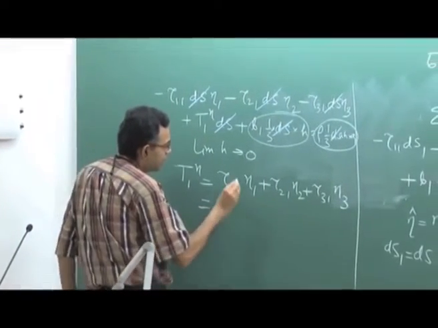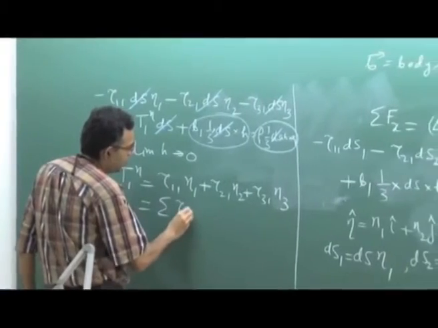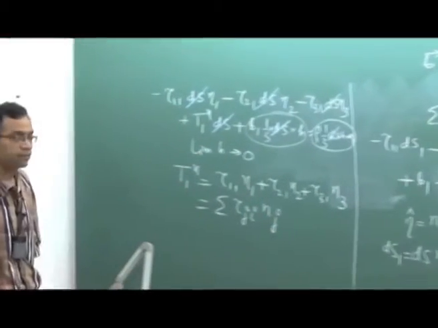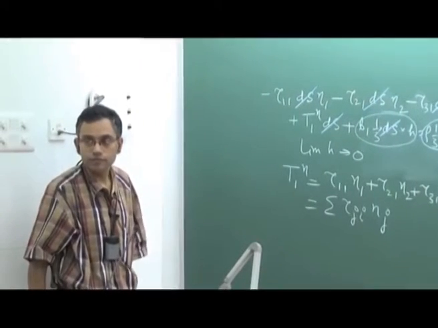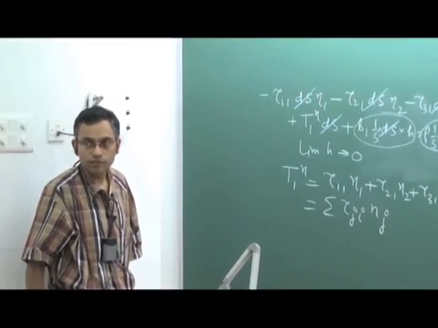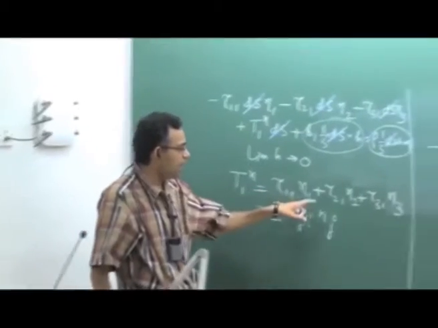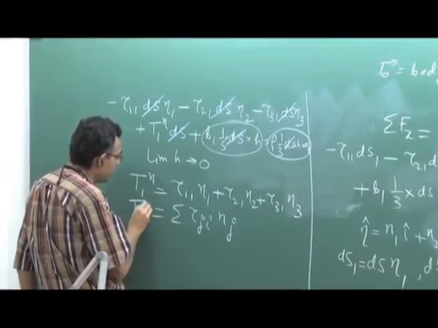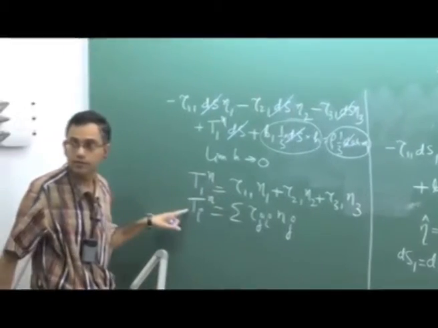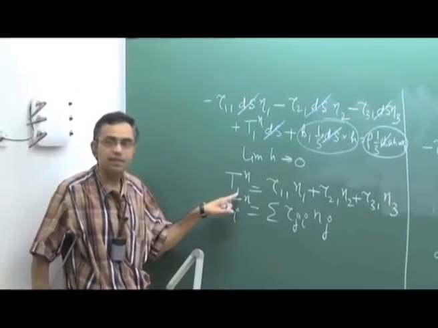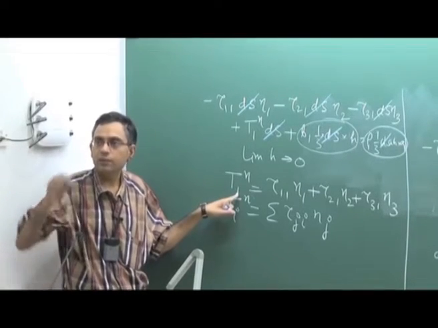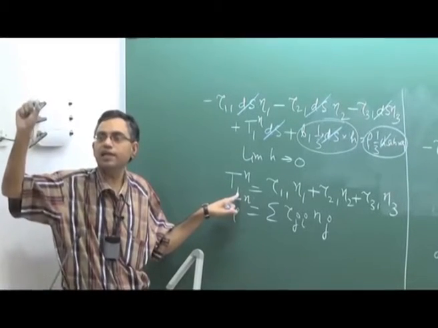This can be written as summation of tau ji eta j. If you use this index i instead of 1, where 1 is force balance along x, instead of that you can make force balance in any arbitrary direction i.